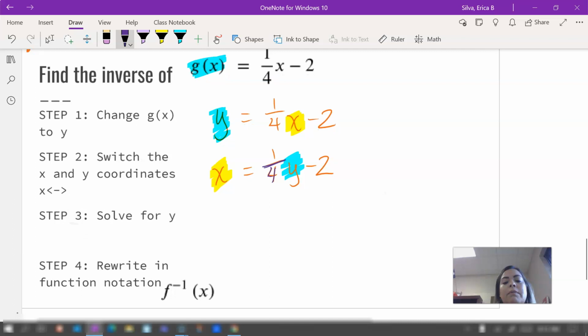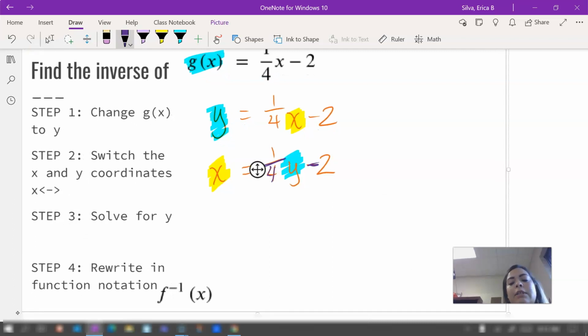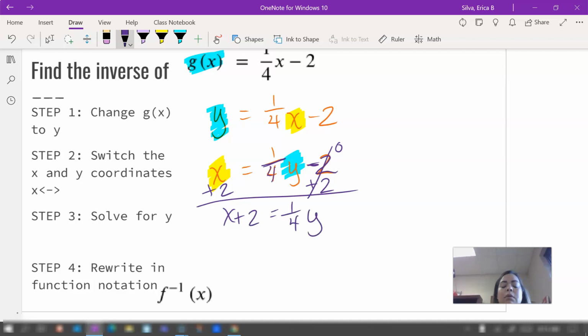So over here, we want to undo that subtraction of 2 by adding 2. That gives x plus 2 is 1/4 y. And now, because it's being divided by 4, we're going to multiply each side by 4. So 1/4 times 4 gives us 1.